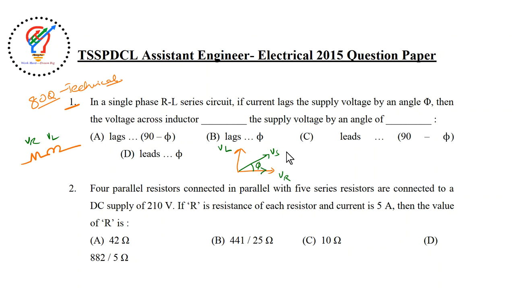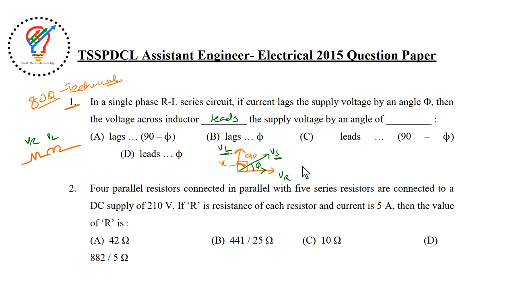See here, the inductor voltage leads the supply voltage. So the first option is leads here. And what about this angle? Let's assume this entire angle is 90 degrees, and this part is, let's say, x between these 2 points.